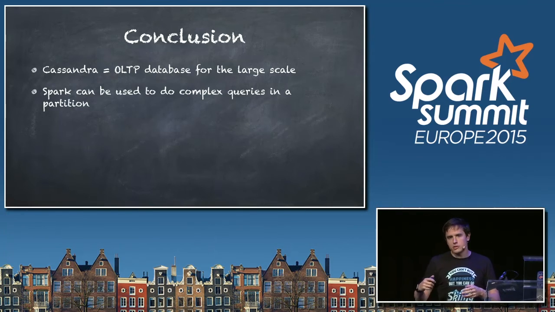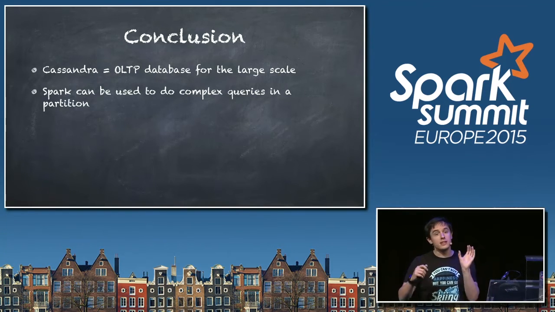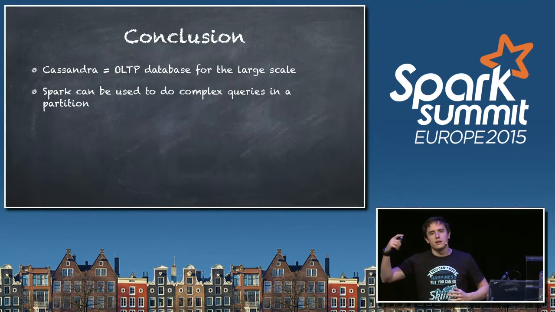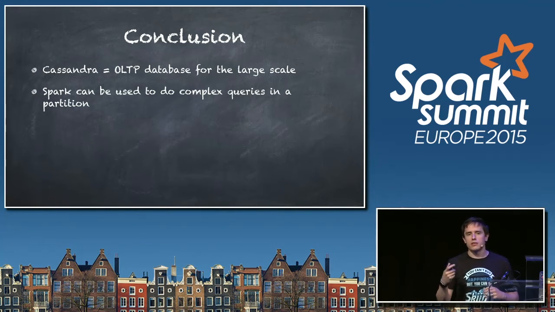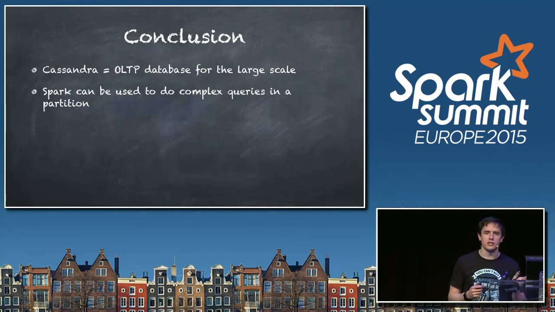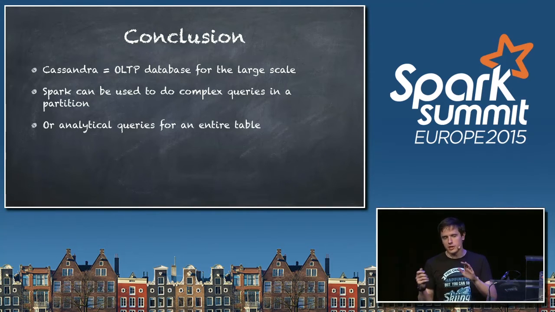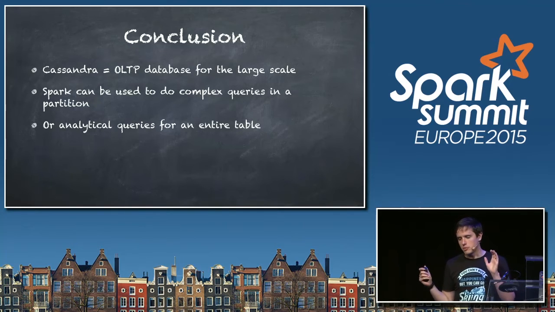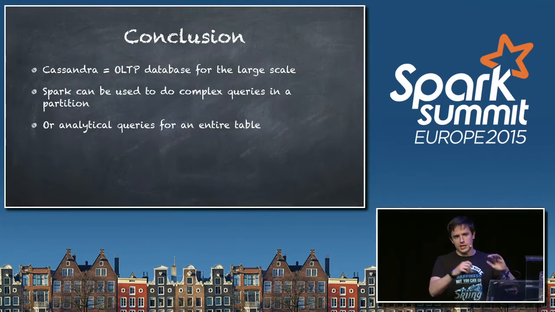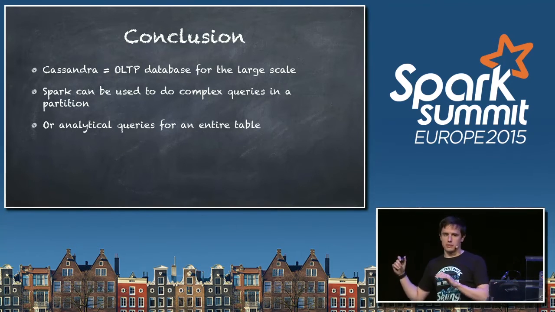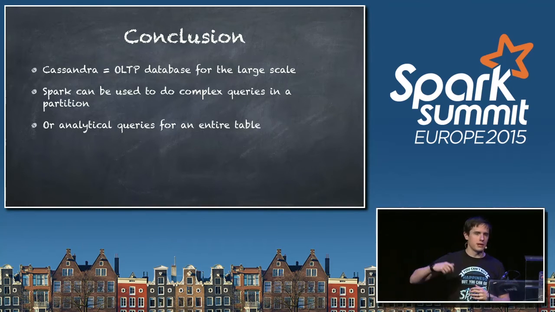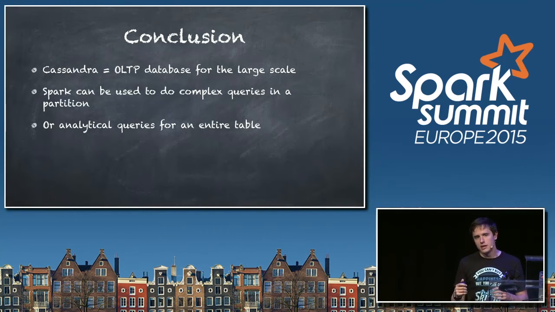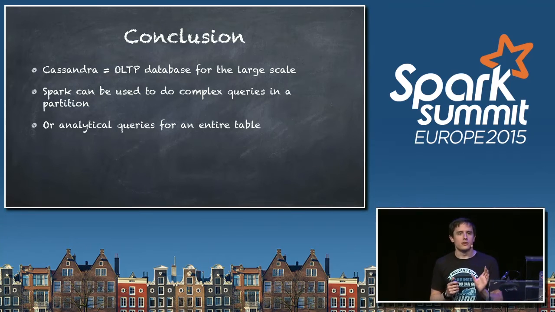We can start to use Spark to do in-Cassandra-partition, more complex querying, but I think that will be phased out because we're getting that functionality directly inside Cassandra in later versions. But where I think it really comes into its own is when we don't want to take our data out of Cassandra and put it into something like HDFS and then run something like MapReduce or Spark on top of that, because that can take a lot of time.